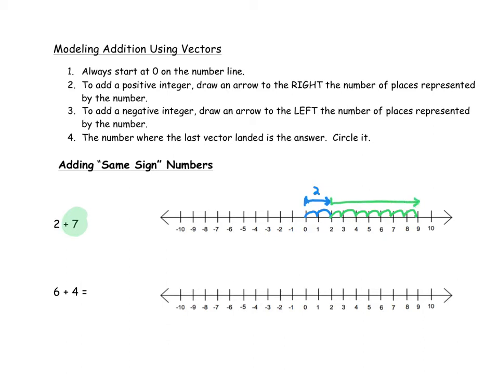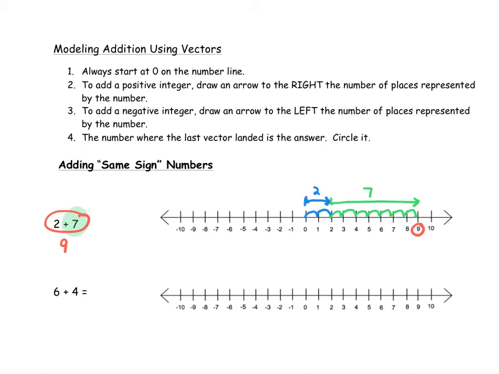So this vector represents a positive 7 because it went to the right, and the directions say when we land on a number we should circle it. So of course we're working with basic numbers, and you probably already knew that the answer was going to be 9. If you noticed, I put it underneath this because this is an expression. I don't want to write it to the side.